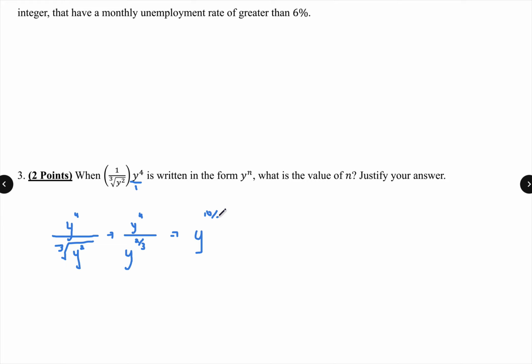But I'm not done, because what are they looking for? They're looking for the value of n. They don't want to see this. Another one where they're just being annoying. The value of n is 10 over 3.